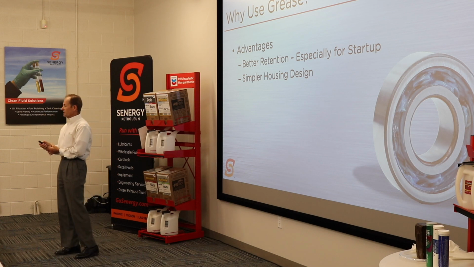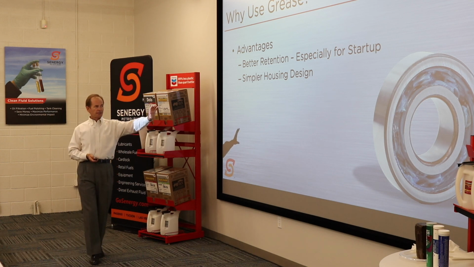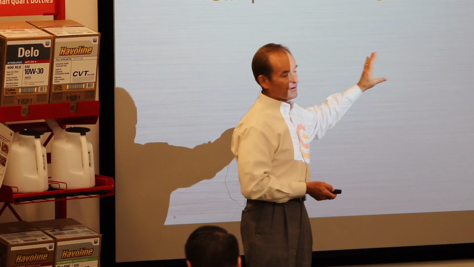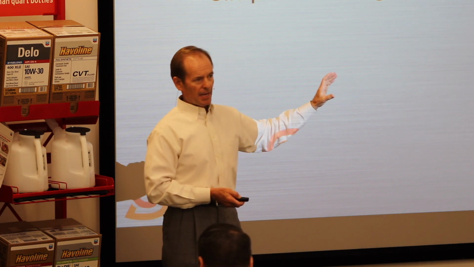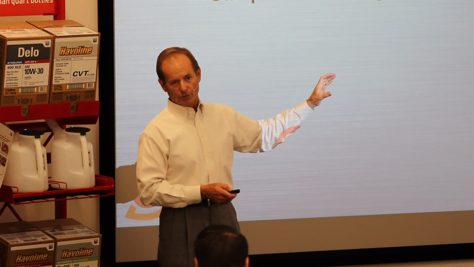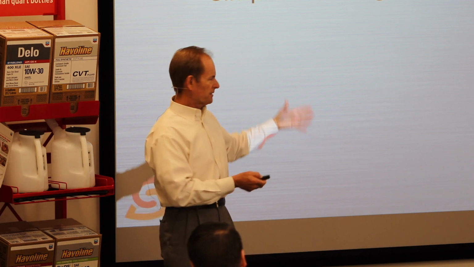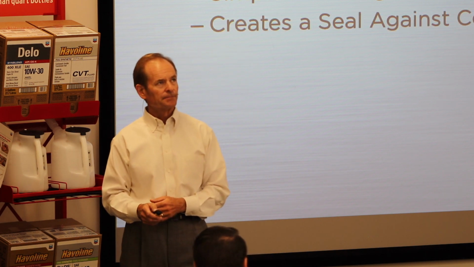The second is a simpler housing design. A basic grease seal is very easy to design and maintain as opposed to an oil seal or a set of oil seals if this were an oil lubricated bearing. You need a much more complicated housing to keep the oil in. So grease simplifies things that way.